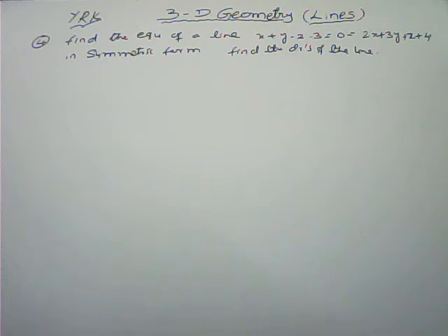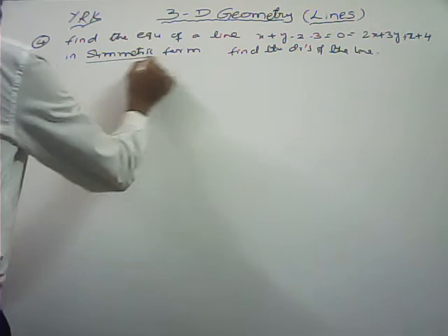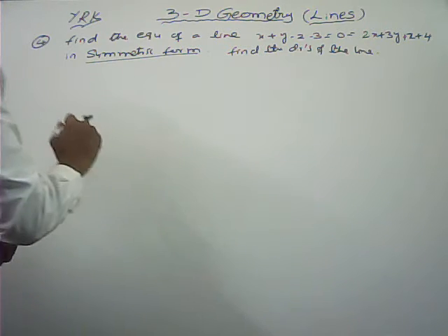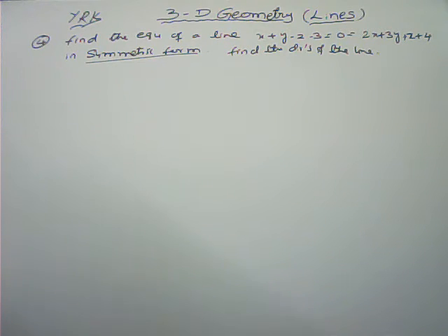Next one: find the equation of the line x plus y minus z minus 3 equals 0, 2x plus 3y plus z plus 4 equals 0, in symmetric form, either Cartesian form or symmetric form. This type of equation is given, so how do we convert it into the symmetric form? There are a total of 3 variables, so first we have to eliminate one variable; any one we can eliminate.